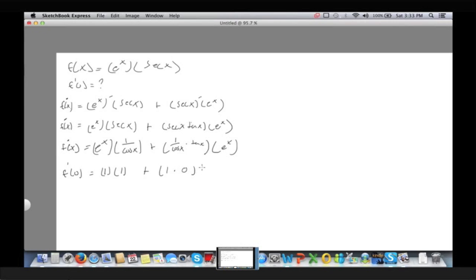So 1 plus. Okay, good. That was a good systematic approach. Good. No mistakes. So how would you interpret that answer?